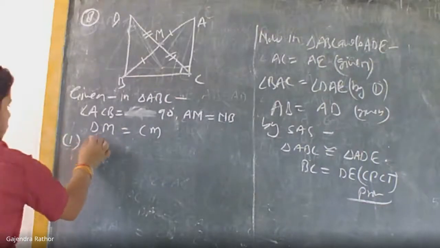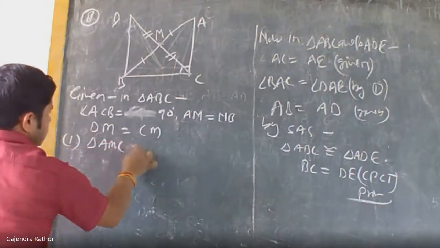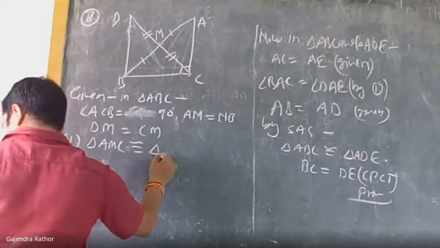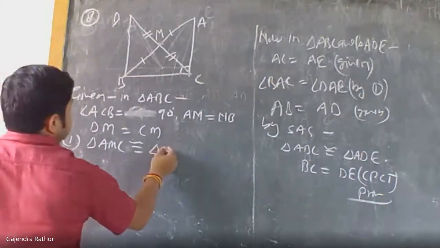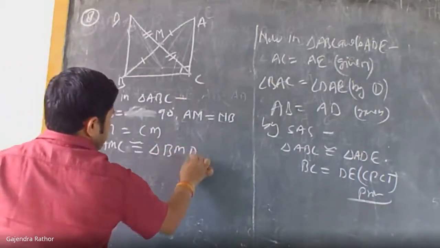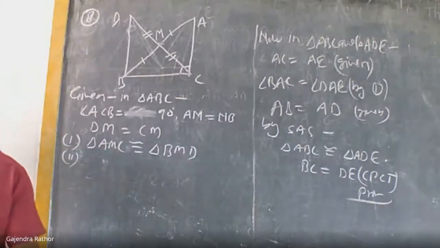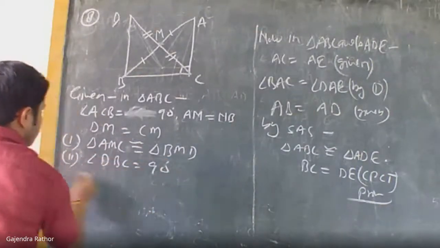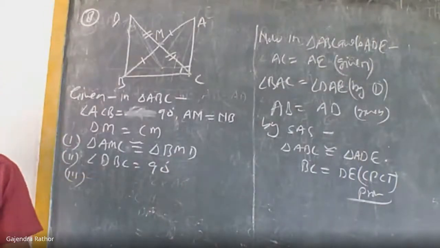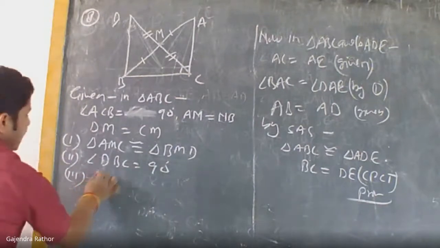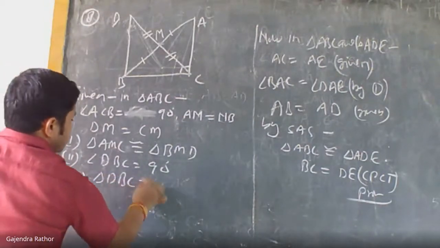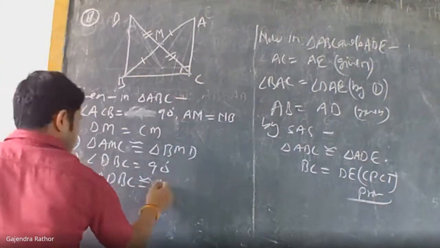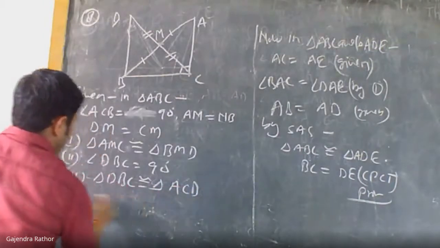So the 4 points we need to prove. First, triangle AMC is congruent to triangle BMD. Second point, angle DBC is equal to 90 degrees. Third point, triangle DBC is congruent to triangle ACB.